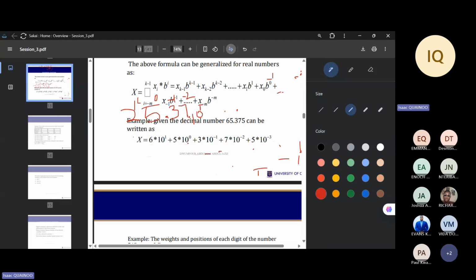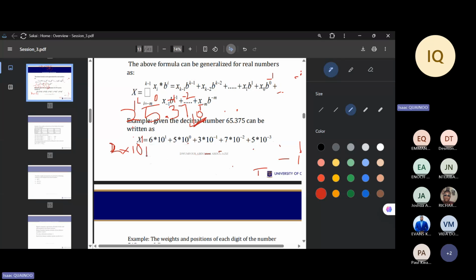And take note of the number base you are working with, or the number system you are working with. So you take the number that is 2 times your base, which is 10, raised to the power of the position of the first digit, which is 1.